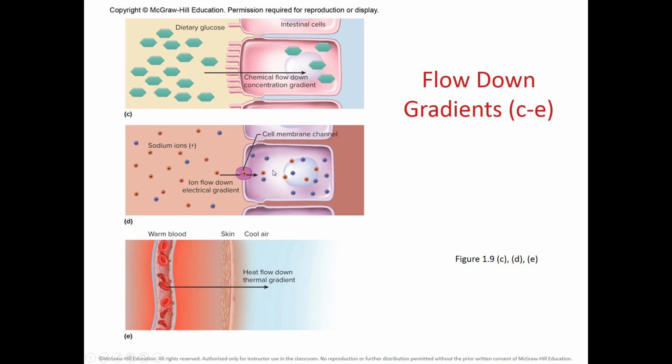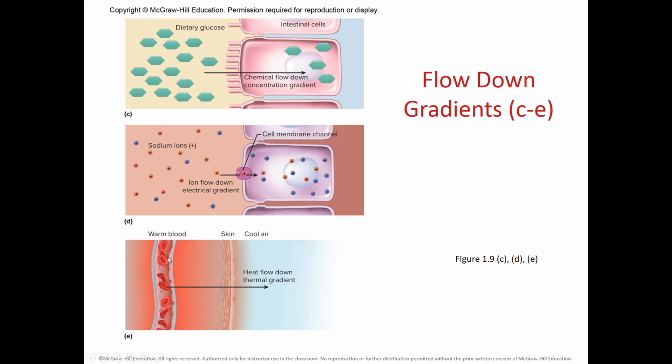It's the law of opposites attract. The positive will be attracted to the negative. So in this case, you have ion flow down an electrical gradient. So from positive to negative. Inside the cells, we have negative charges, and outside of the cell we have positive charges. So the sodium ions will flow from positive to negative.